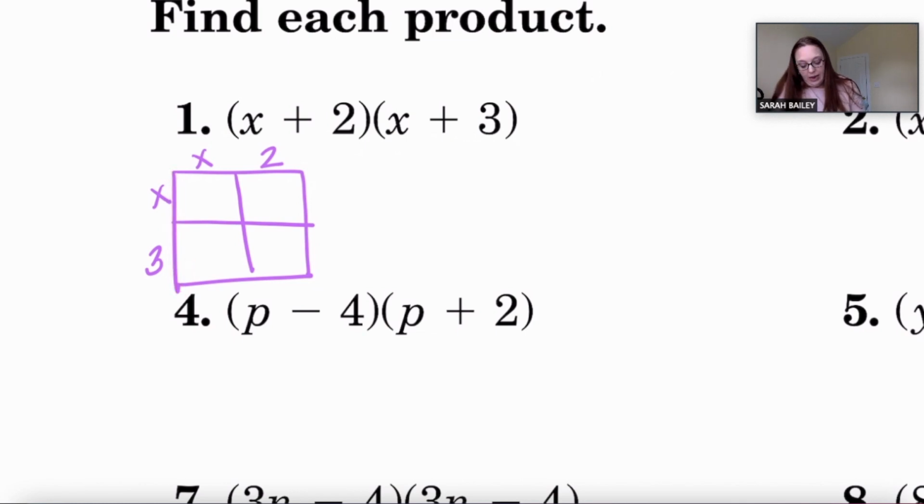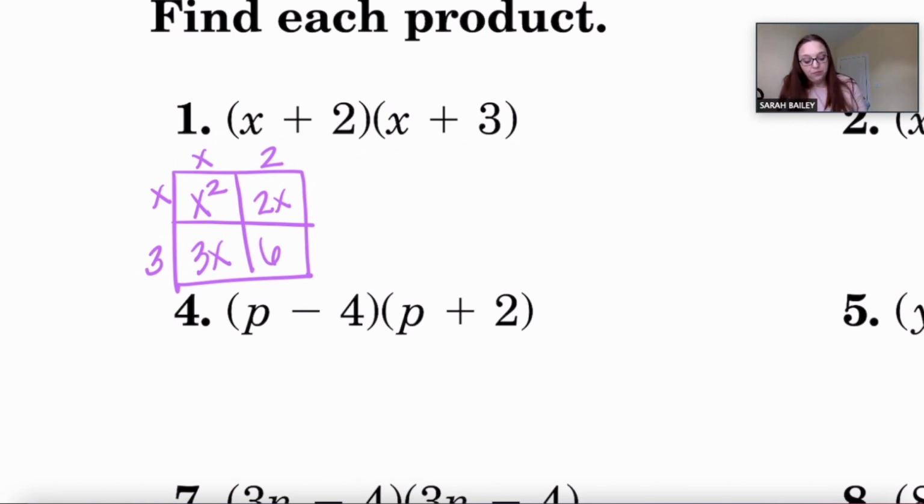So I'm doing x times x, which is x squared. Then x times 2, which is 2x. Then 3 times x, that's 3x. Then 3 times 2, which is 6. The reason I did it this way is because now I've got all the terms.